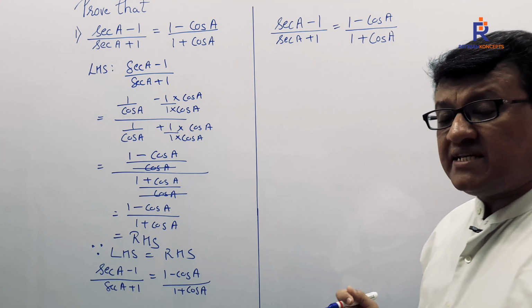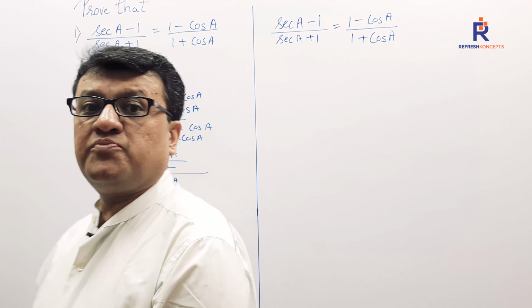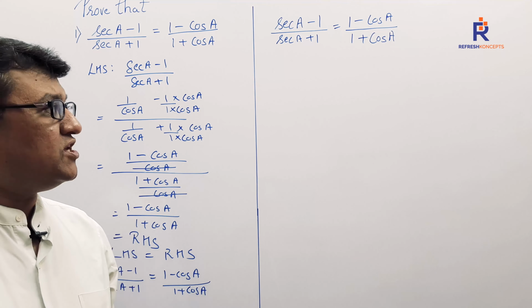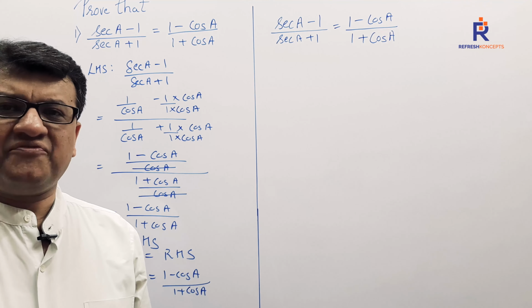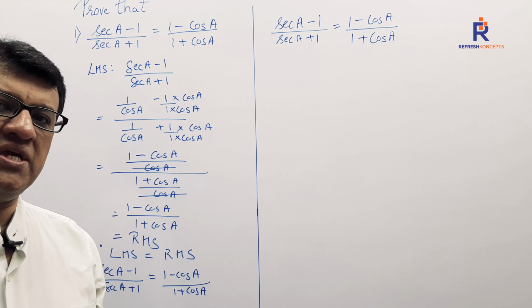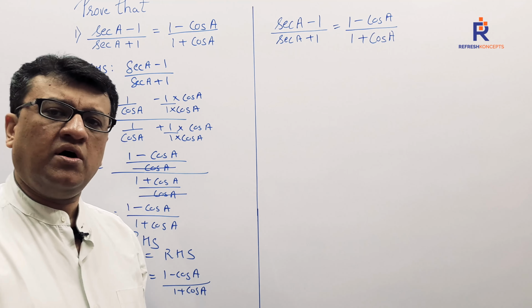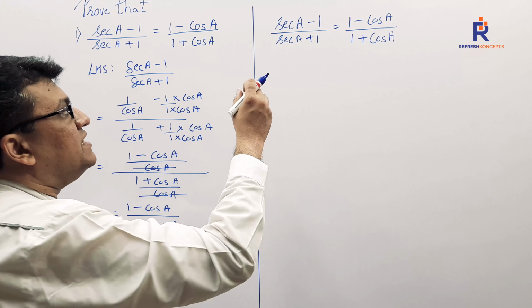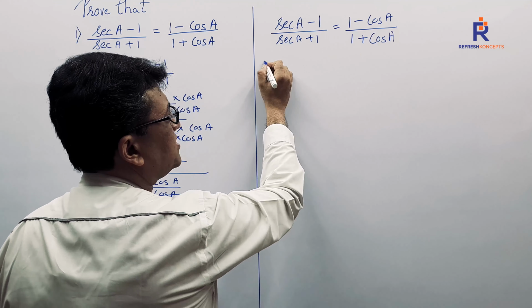As I said, this is the very first sum of the prove-that type, so I'm giving you both ways. Thereafter, we won't be taking both ways; we'll be doing either LHS to RHS or RHS to LHS. Let me take the RHS part.